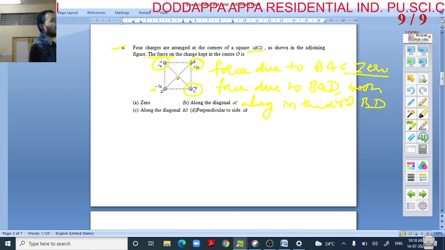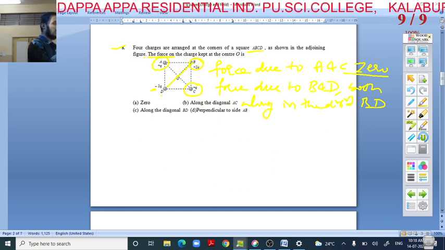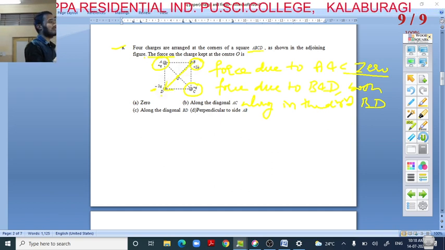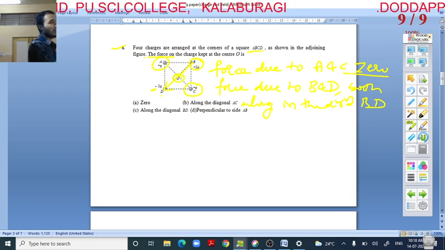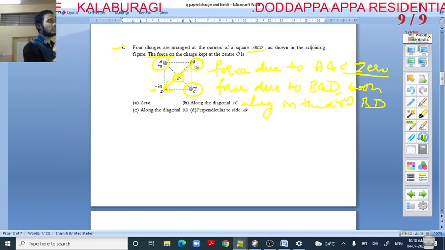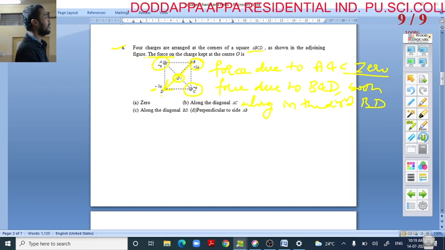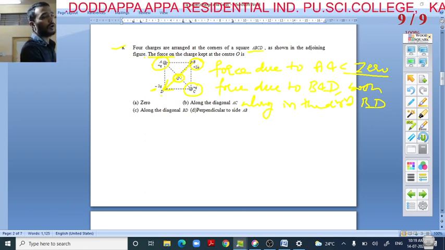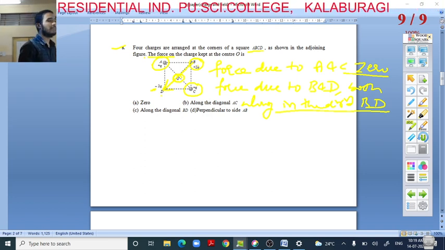Because this is a negative charge, the direction from B is in this manner. At the same time, from D, if it is a unit positive charge, the direction is from positive to negative only. Both the forces are along the diagonal BD only.